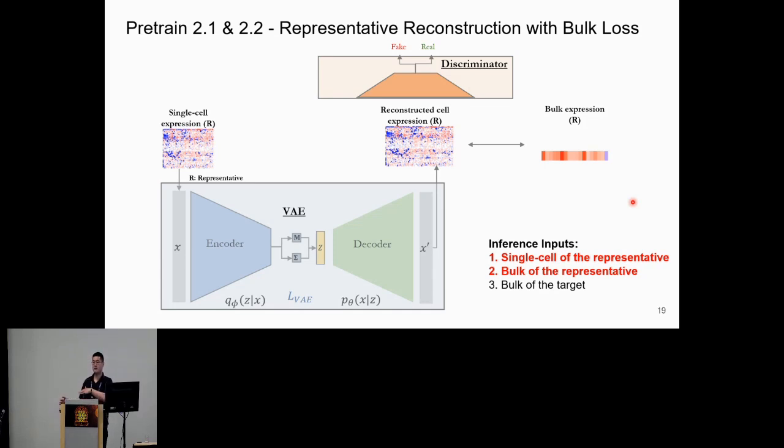So we try to use this to avoid any technical difference between the single cell data and bulk data. So in detail, it's like this.